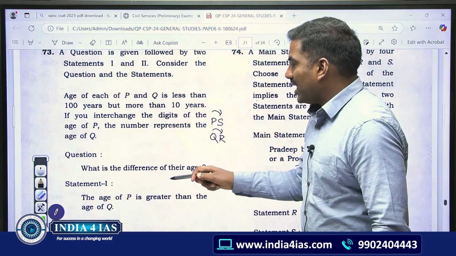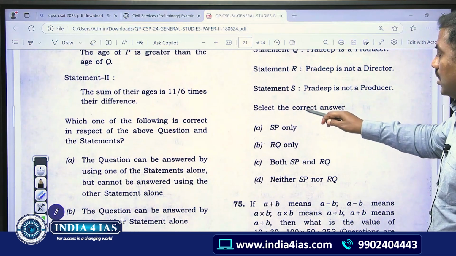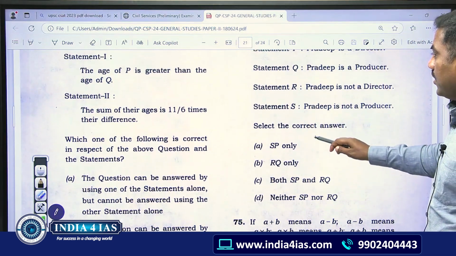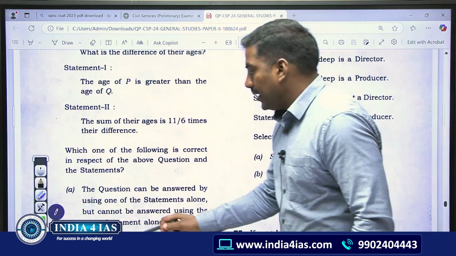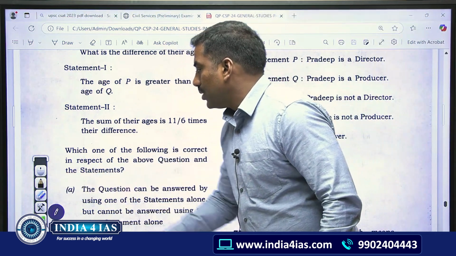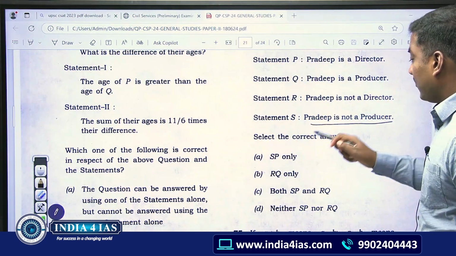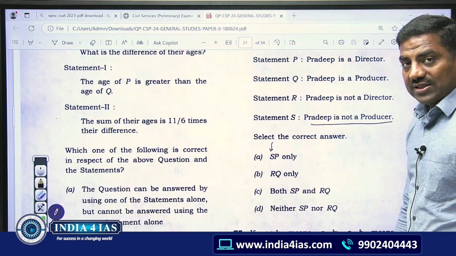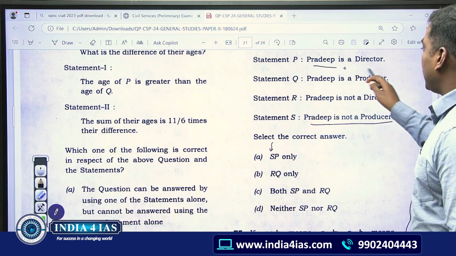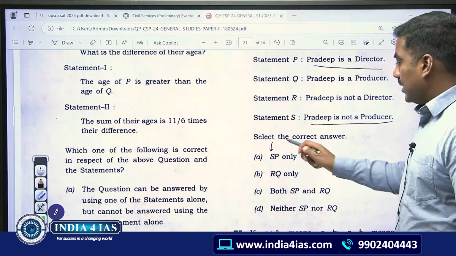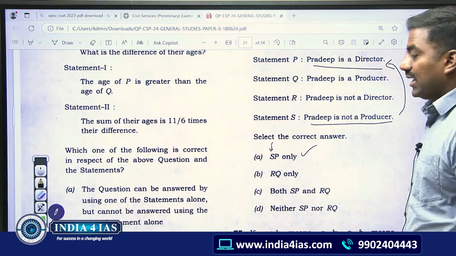Let us look at the answers now. Here, they are telling SP only. S is what? S is Pradeep is not a producer. If this is the first statement, then he is a director. When Pradeep is not a producer, he is a director. SP, yes.